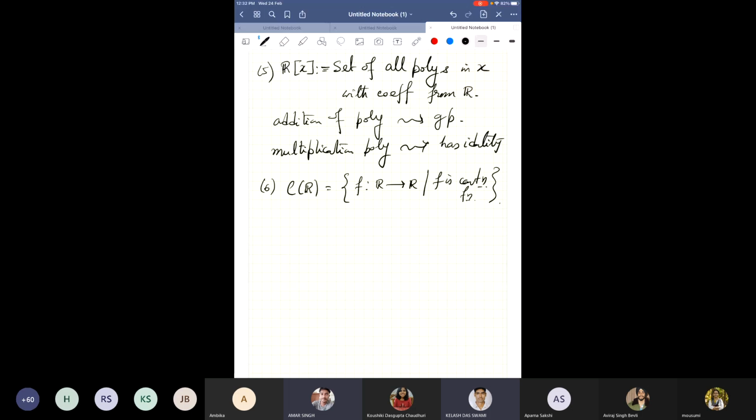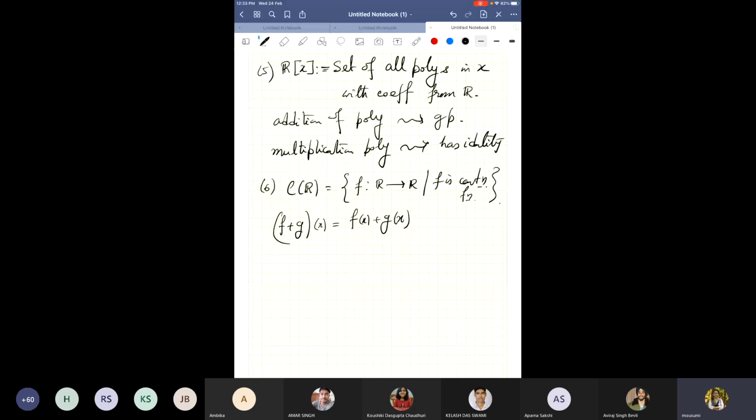With respect to addition, it forms a group, and component-wise multiplication. Yeah, so how do I define the addition of two continuous functions? I will add them pointwise, right? f plus g evaluated at x will be the same as f(x) plus g(x). That is how I'm defining the addition.